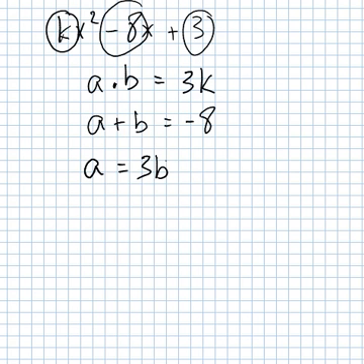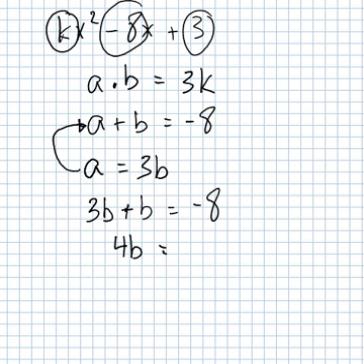Okay, so we can plug this back into here and say 3b plus b is equal to negative 8. Okay, because that's the one that I know. I have a number for that one. So in other words, 4b equals negative 8.